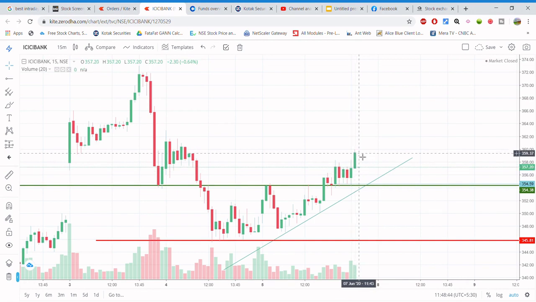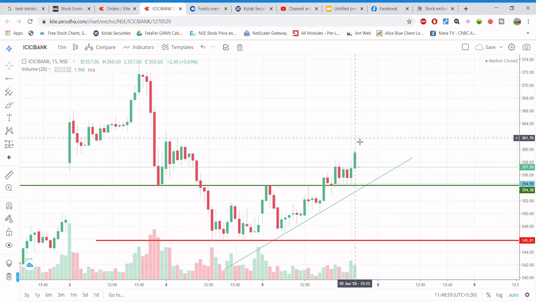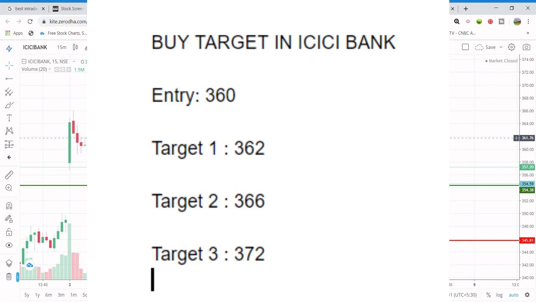It breaches this one, and then what would be your first target? Your first target would be right here. You took your trade at 360 and you're going to trade till 362, 2 rupees. 2 rupees will be your first target.